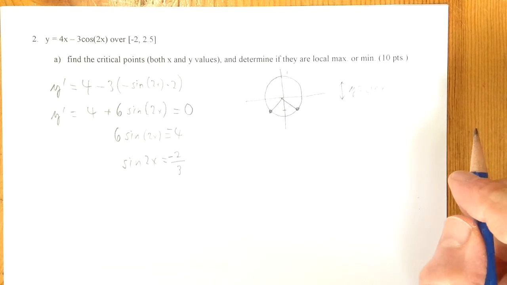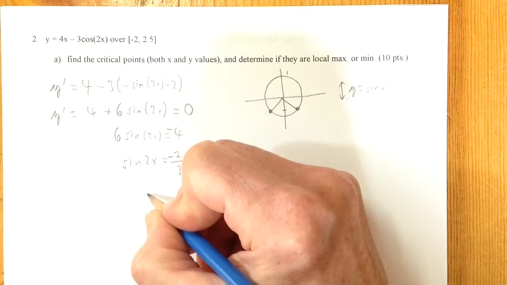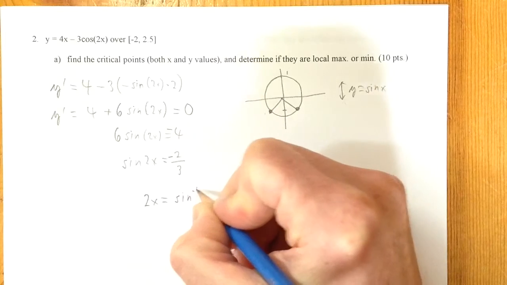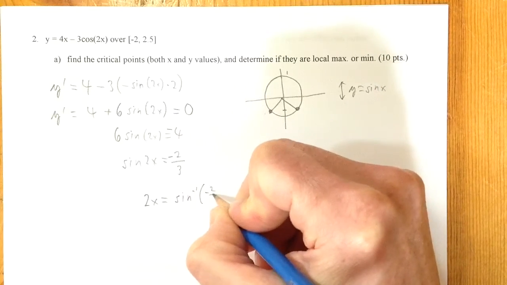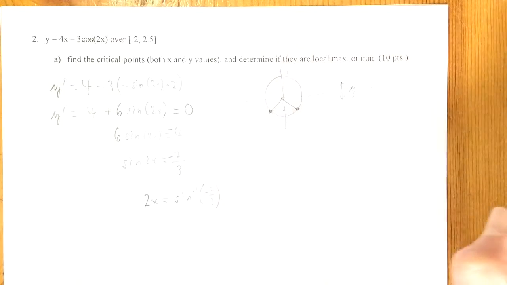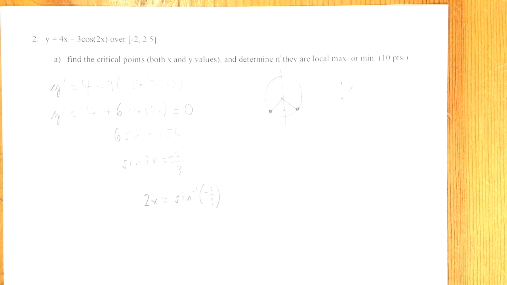So basically, if we solve this, we say 2x is equal to the inverse sine of negative 2/3. So we plug that into our calculator. So negative 2 divided by 3, take the inverse sine of that. And I get negative 41.8 degrees, except we want this in radians.